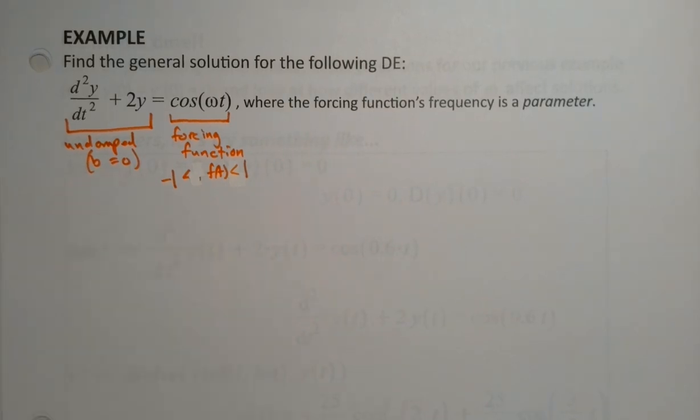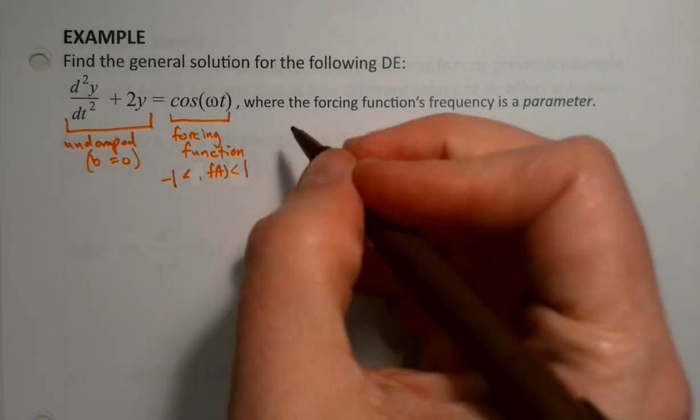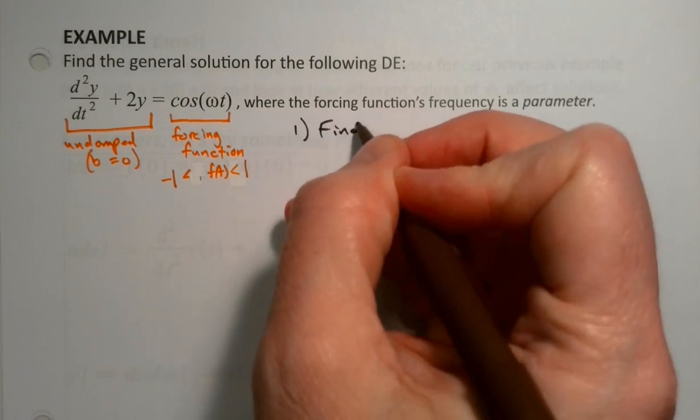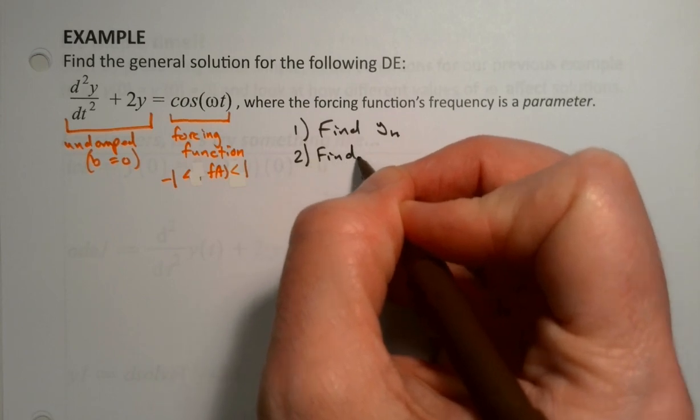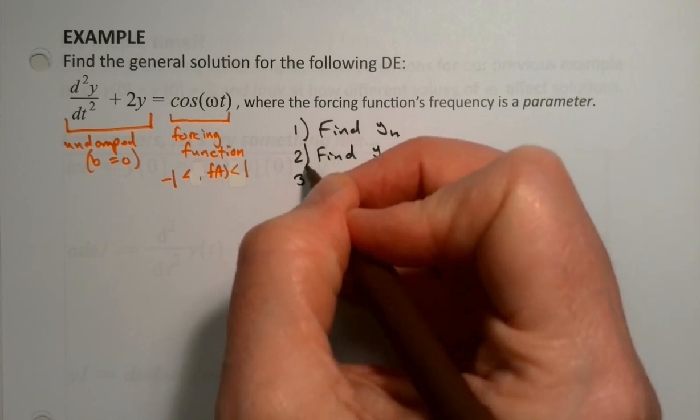So how would we go about solving this differential equation? Well, we just spent a lot of time in the previous sections learning that the first thing we do is find the homogeneous solution. The second thing we do is find a particular solution. And the third thing we do is combine.